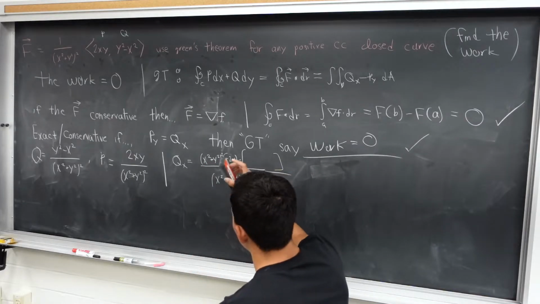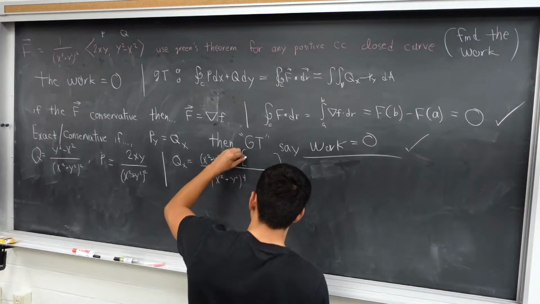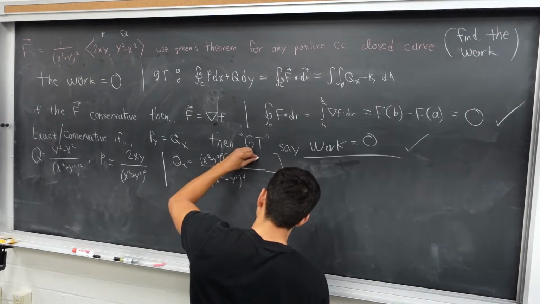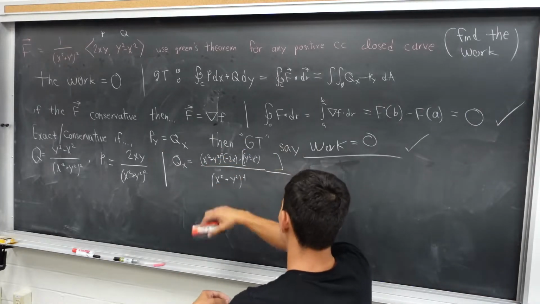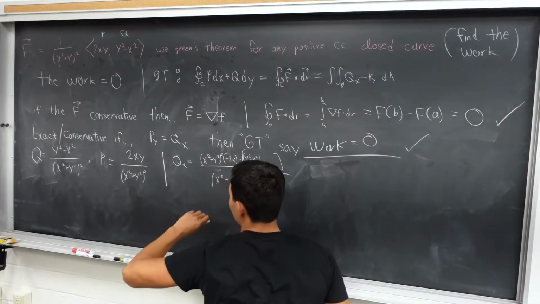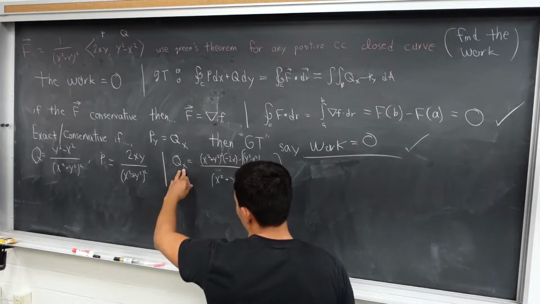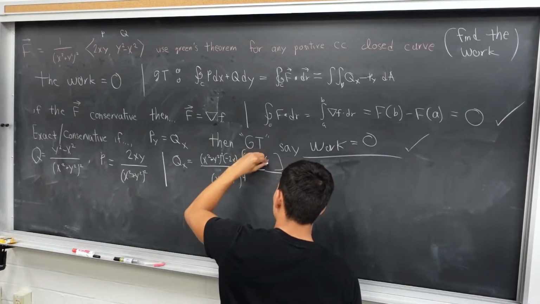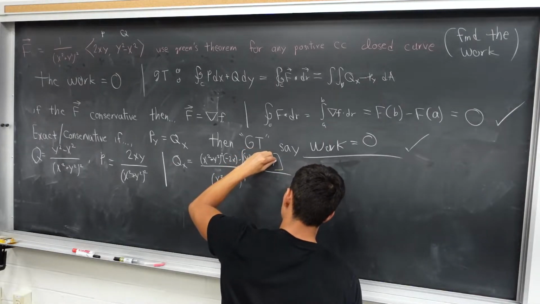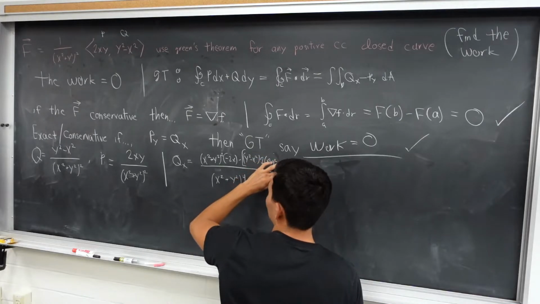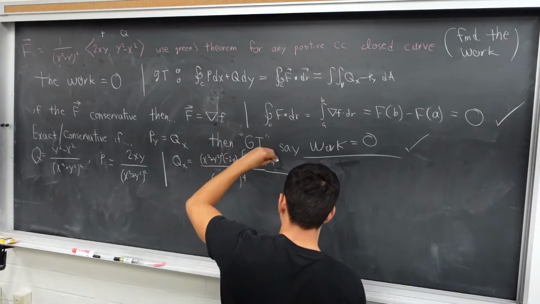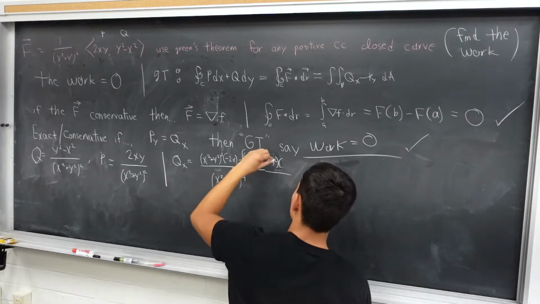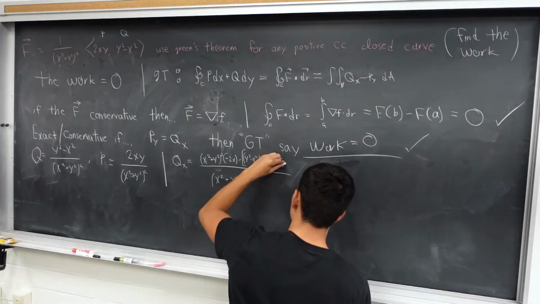So bottom to top, top is what? y squared minus x squared. And then derivative of the bottom, so you take that derivative with respect to x. So it becomes 2 times (x squared plus y squared), with respect to x, remember, 2x.